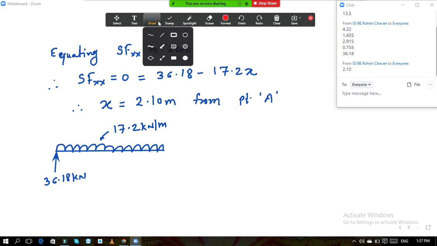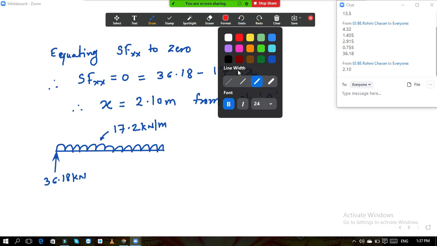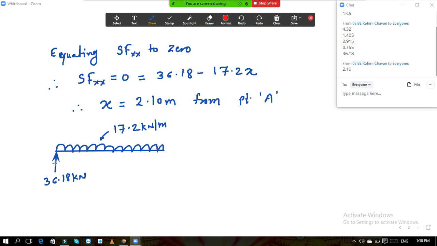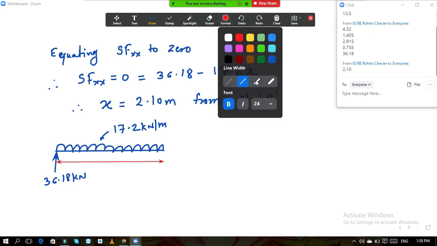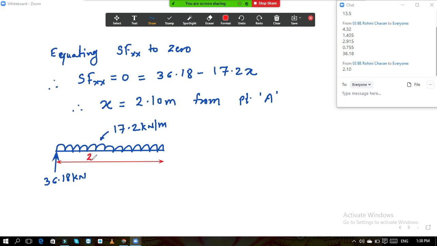We will draw the distance, this total distance, it is 2.10 meter, this point, and at this point we will get the maximum bending moment.